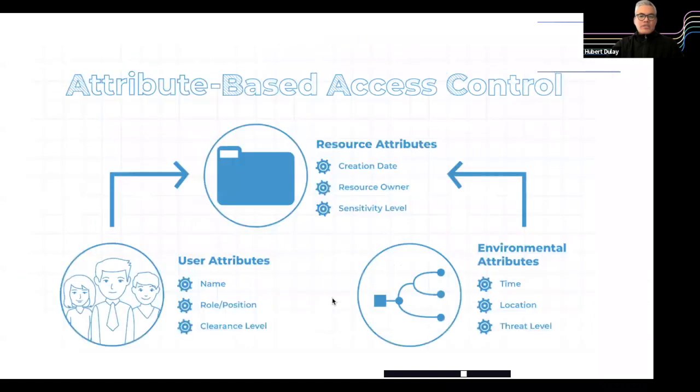But if we go to the next one, this is attribute-based control. It's very similar to role-based access control in that you're using the user attributes, the name, and the role and position and clearance level. But not only that, you're taking attributes from other places, like the environment, what time it is, where you are, and the threat level.